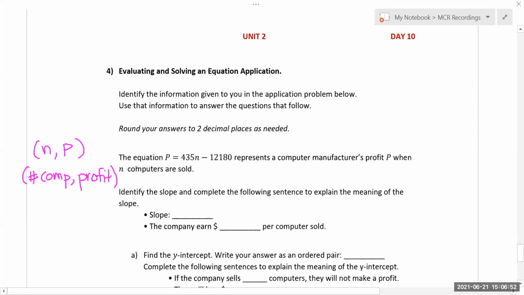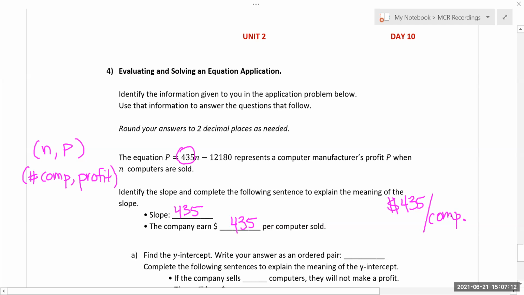So I really want to take that in. So identify the slope. So the slope would be the 435. And that means you earn $435 per computer. So $435 per one computer, dollars per computer.